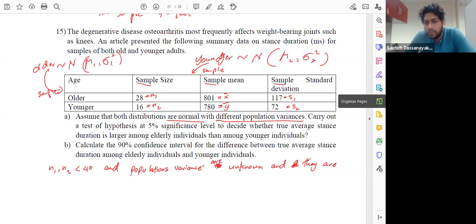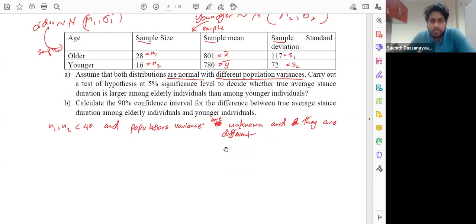They have mentioned they are different. Okay, this is the key. So carry out the test of hypothesis at this significance level to decide whether this claim holds. Let's start from this.